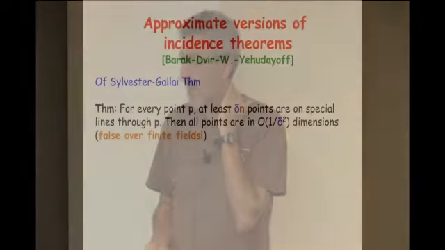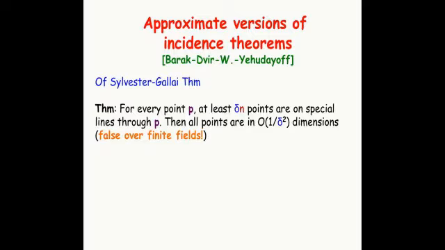But I want to say that this type of technique that we are using leads to approximate versions of other interesting results in combinatorial geometry. By the way, this is false over finite fields. It should be noted that the real numbers or large enough fields are very different from small fields. This cannot be done; it's false over finite fields. And actually, that was part of our motivation.